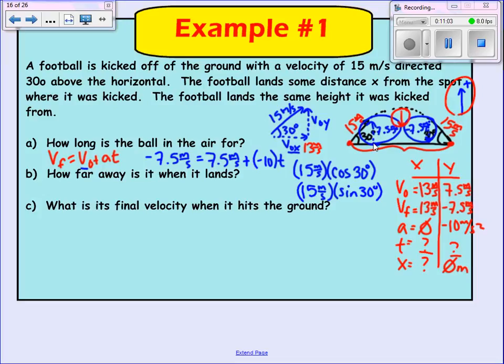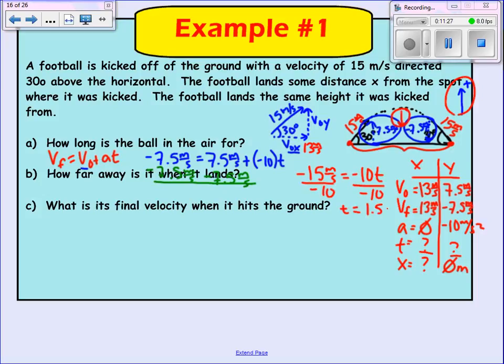If I start to simplify that to get my answer, I'm going to take this positive 7.5 and subtract it from both sides. Doing that is going to get me negative 15 meters per second is equal to negative 10 t, and I'm going to divide both sides by negative 10. That will get me my time of t equals 1.5 seconds.